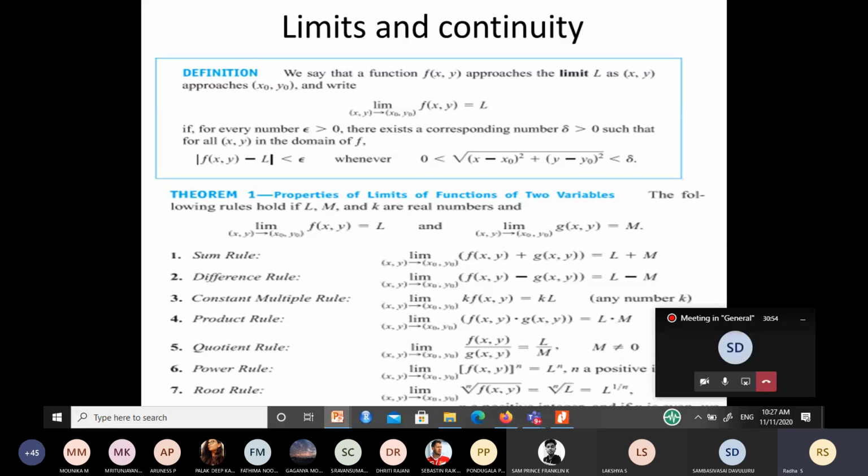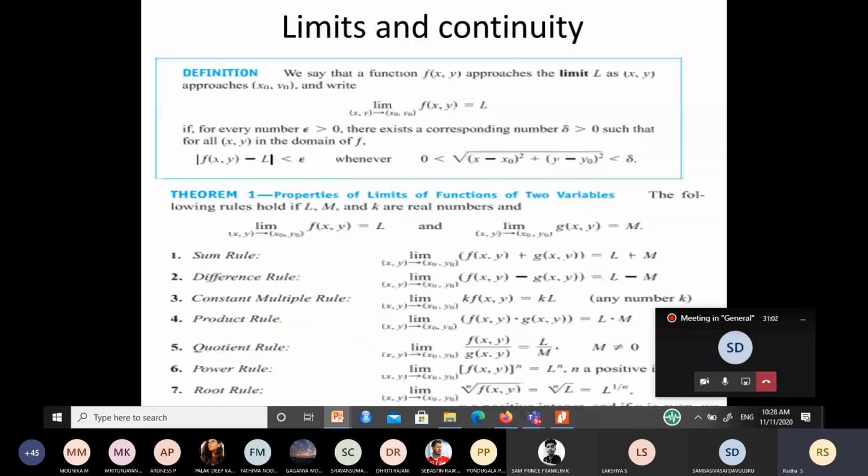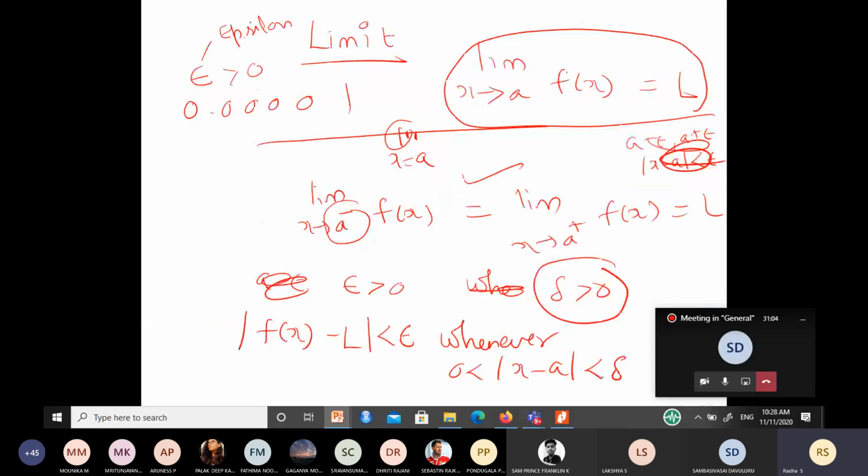Okay, I'll explain this definition alone. So in what way I explained this definition? The distance between f of x and L is less than epsilon whenever the distance between x and A is less than delta.